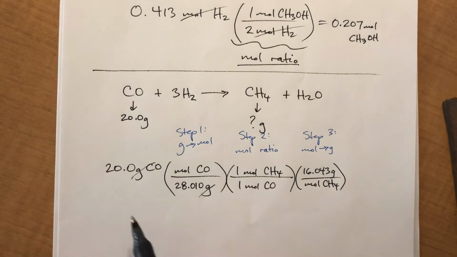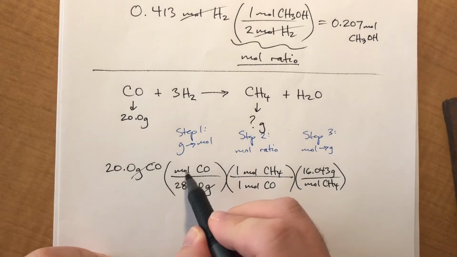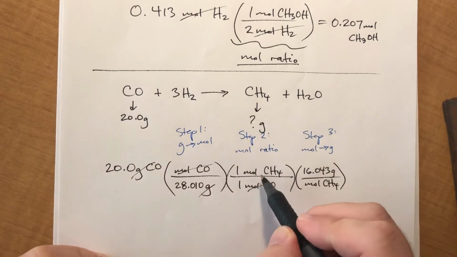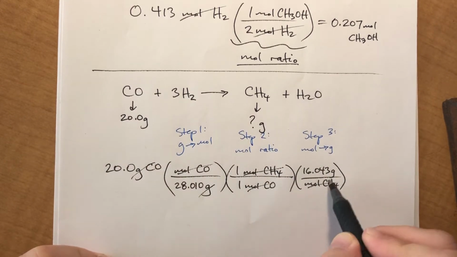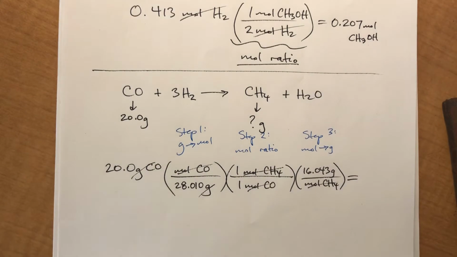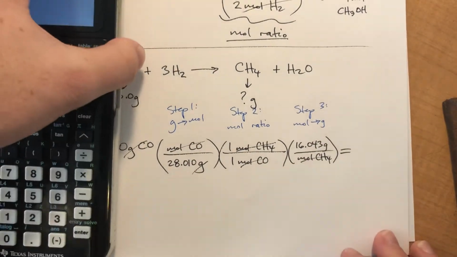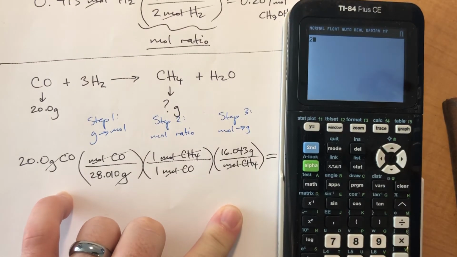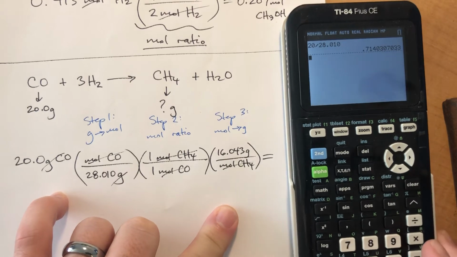Okay, so we started out with grams of CO, that cancels out. Convert it to moles, that cancels out. Do the mole ratio to get from moles of reactants to products, that cancels out with this, and we end up with grams. In terms of typing this in your calculator, what I'm going to recommend is it's still just like unit conversions. You're going to take 20 divided by 28.010, hit equals.